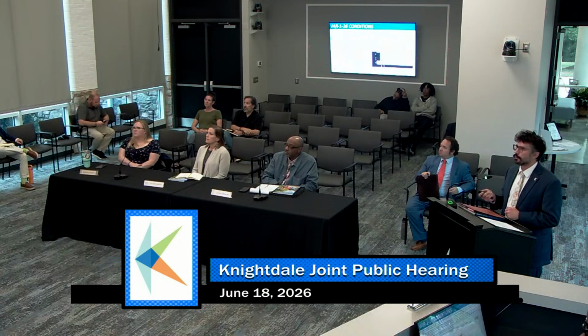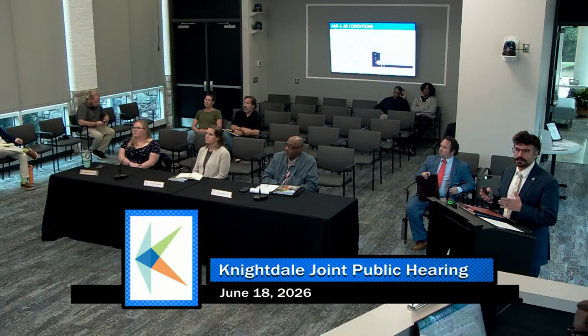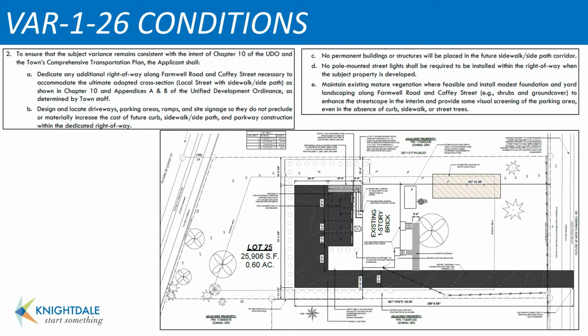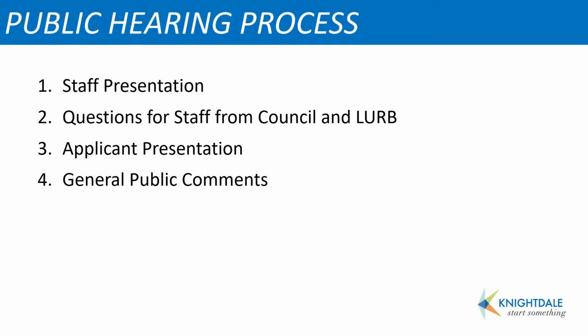And then, through the process they're going to dedicate the additional right-of-way along Farmwell and Coffee Street, so whenever a project does come forward, we have the right-of-way available to make the necessary roadway improvements. And then just some other conditions about making sure that they don't place things in the areas where future improvements would be made. But with that concludes my presentation.